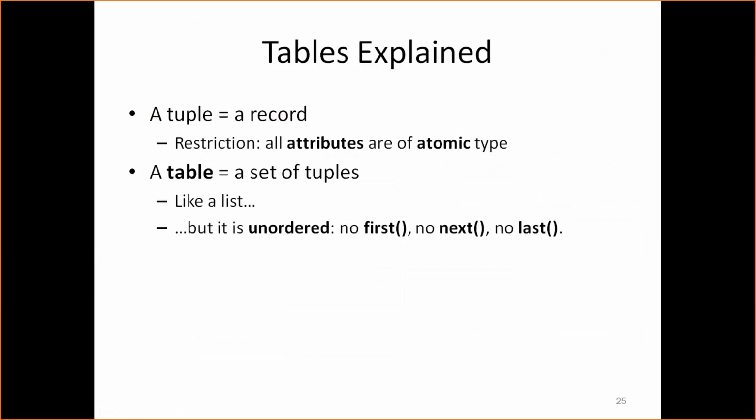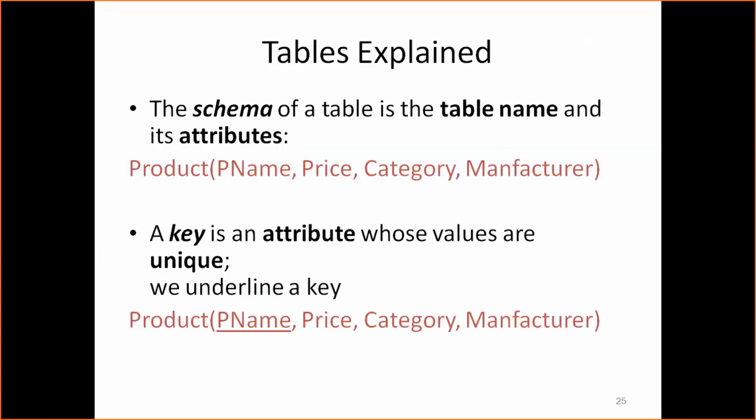It should be treated as only one value. A table is nothing but a set of rows or a set of tuples, and the ordering is not guaranteed. So if I insert two rows one after another, when I query, it's not guaranteed that you are going to get them in the same order. Those two rows will be there, but they can come in any order, based on the implementation.